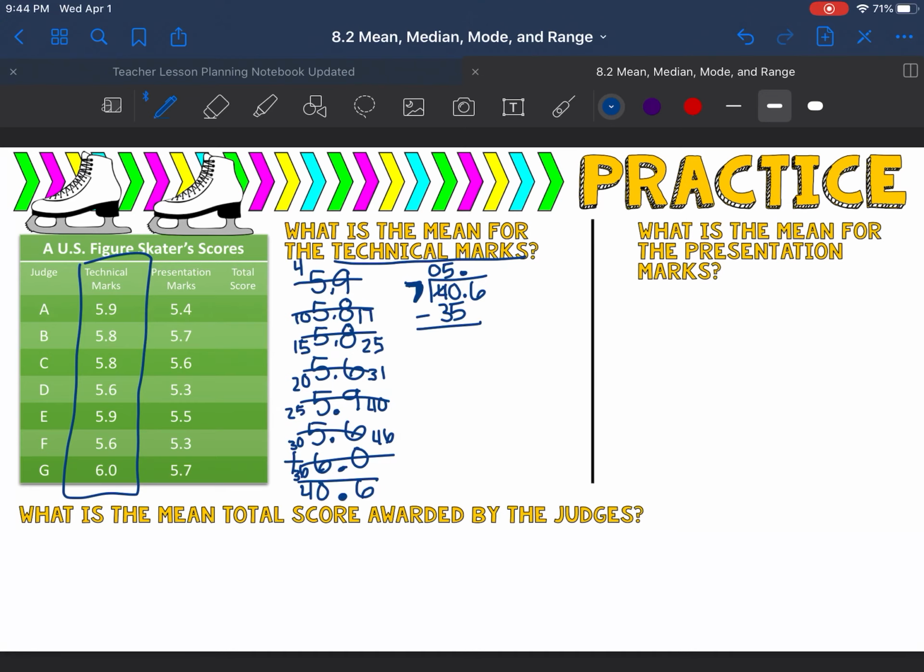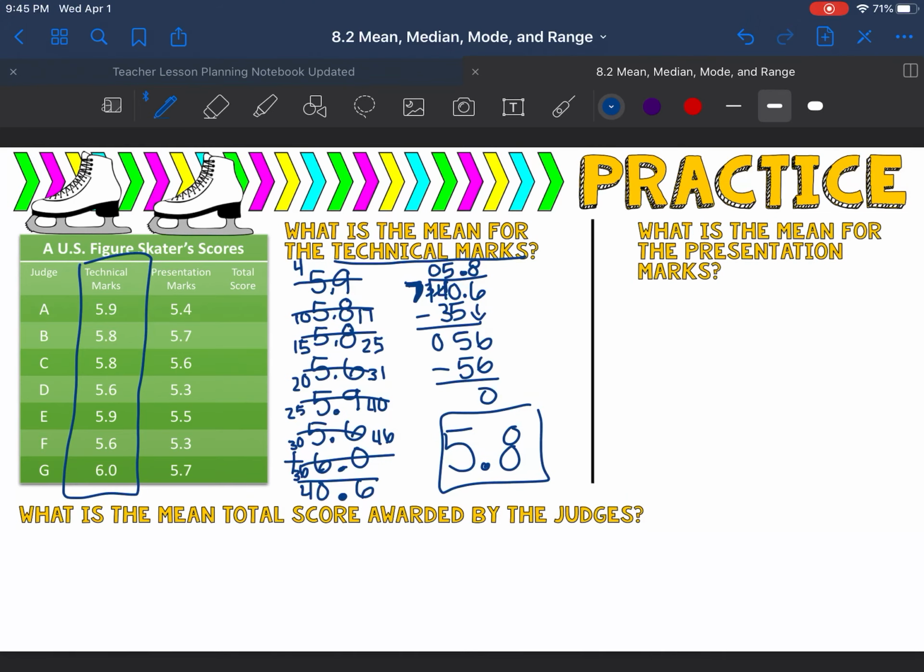I can't do 0 minus 5, so I'm going to borrow from the 4 and make that a 3. Put my 1 in front of that. That makes it a 10. 10 minus 5 is 5. 3 minus 3 is 0. Bring my 6 down. How many times does 7 go into 6? 8. 8 times 7 is 56. 56 minus 56 is 0. So 40.6 divided by 7 is 5.8. So my mean, my average of the technical scores is 5.8.